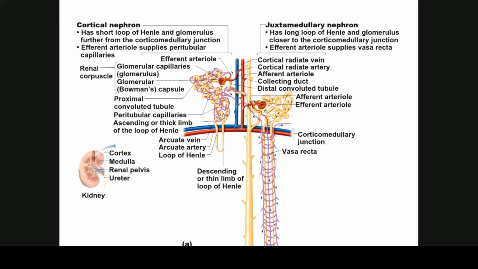Here we have a long loop of Henle, and at this point, we're calling our efferent arterioles. It then becomes, trying to find a picture of it, our peritubular capillary. There it is, right there. Our peritubular capillaries on this side are called vasa recta just because they're so long.